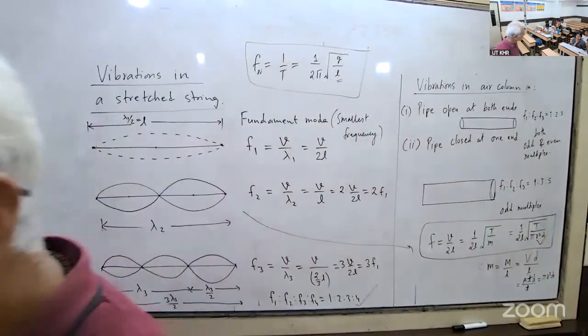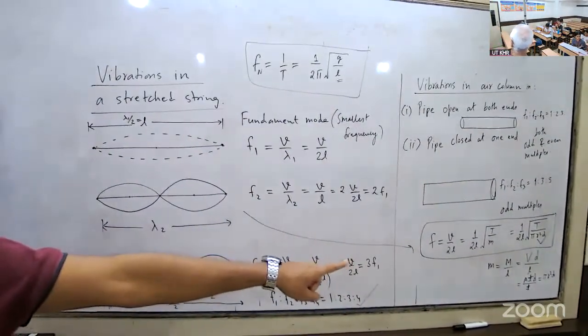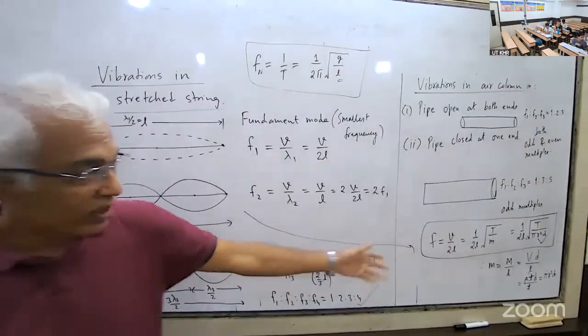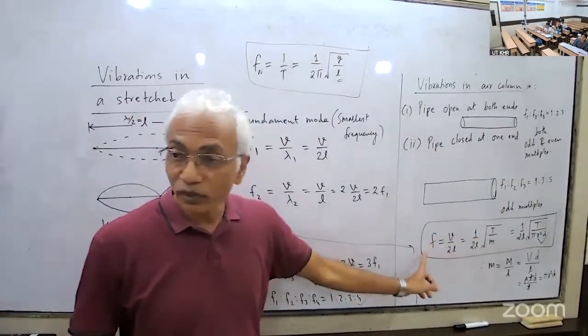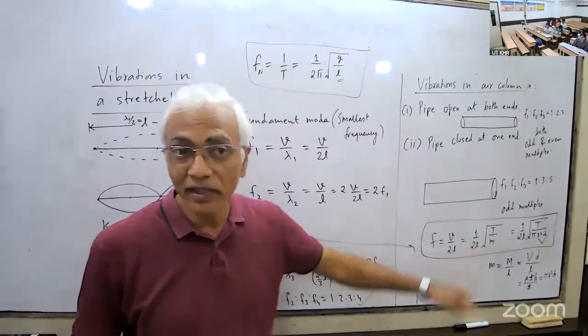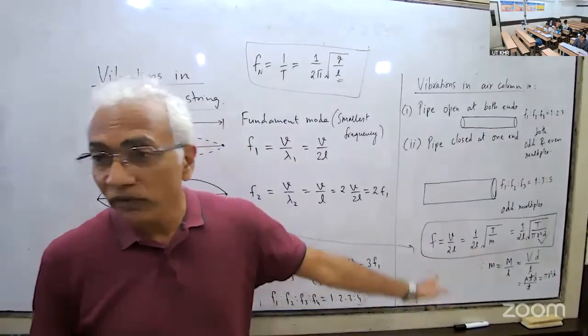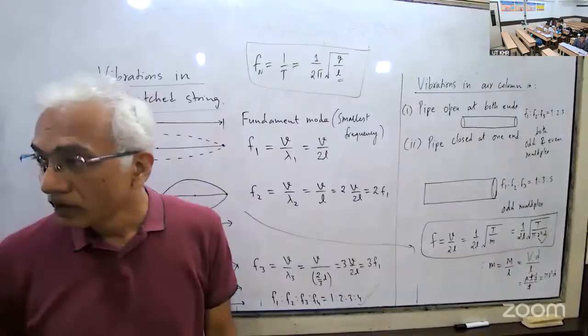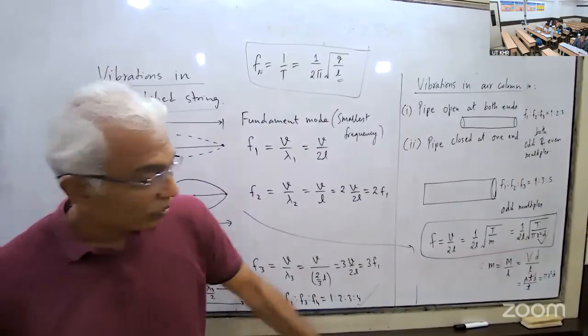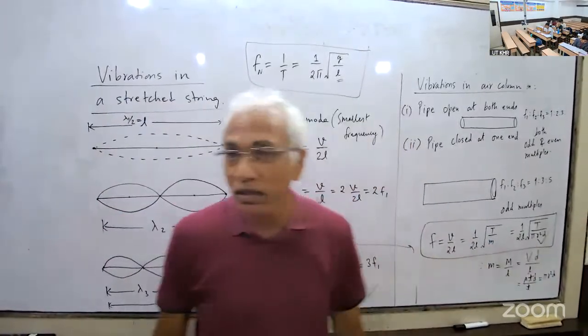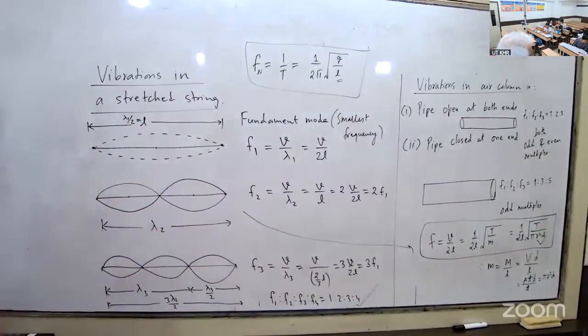Is that clear? To kabhi kabhi isme questions aate hain. Question kaisa aayega? What happens to frequency if the tension in the string is increased? Kya hona chahiye frequency ko? It should increase. What happens if the radius of the string is increased?